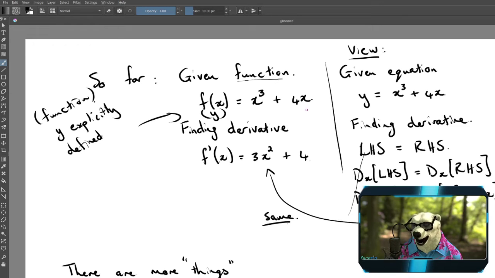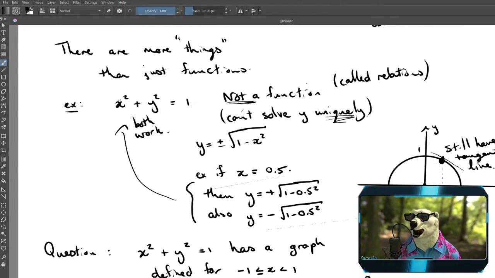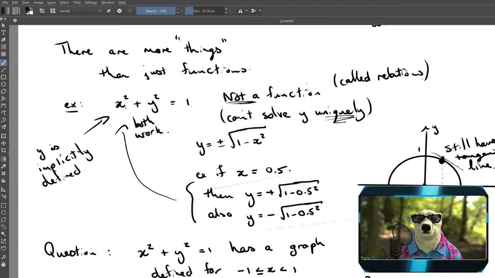It's telling me exactly what the calculation is to find the output value. When I have something like a circle, there is still a relationship between y and x, giving me all the points on the circle, but now y is implicitly defined by this equation. I can't solve for y. We then say it's implicitly defined. It is defined, but I can't quite see what the calculation is looking at this equation only.